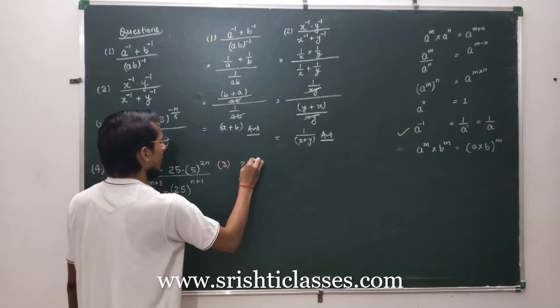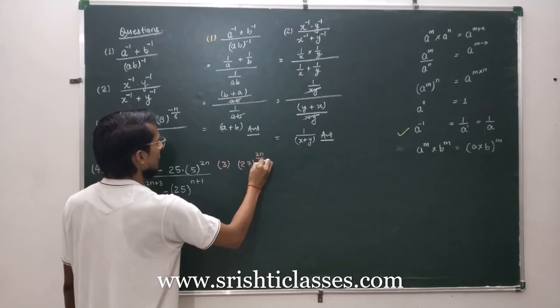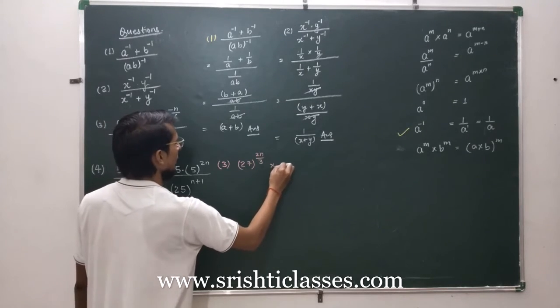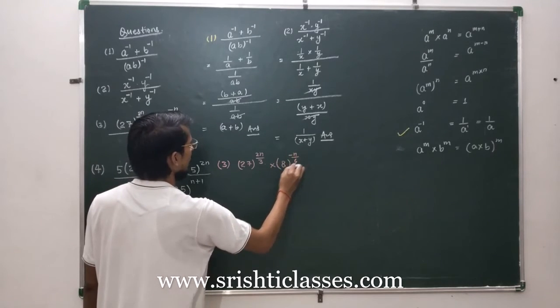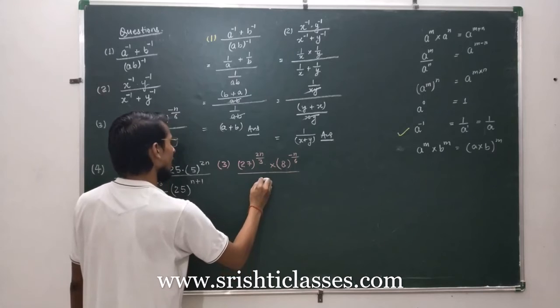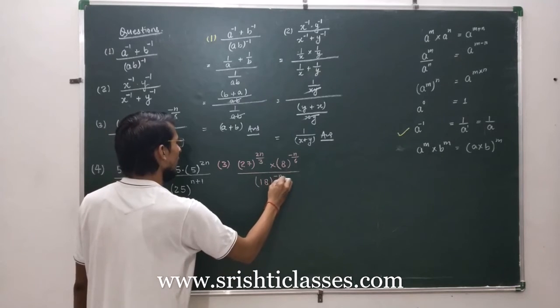27 raised to the power 2n by 3 into 8 raised to the power minus n by 6 upon 18 raised to the power minus n by 2.